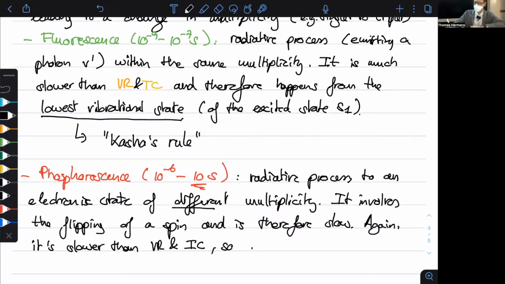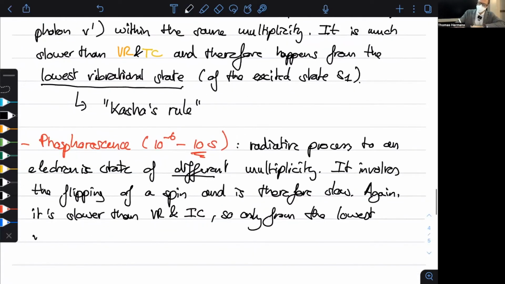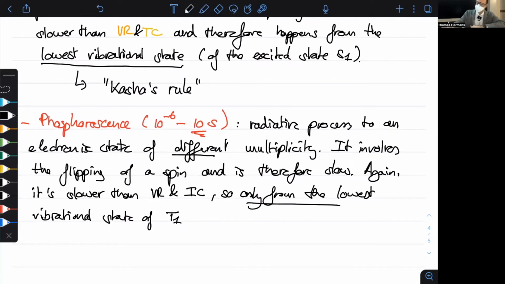So only from the lowest vibrational state of T1. Oops, T1. So this is, again, still Kasha's rule.